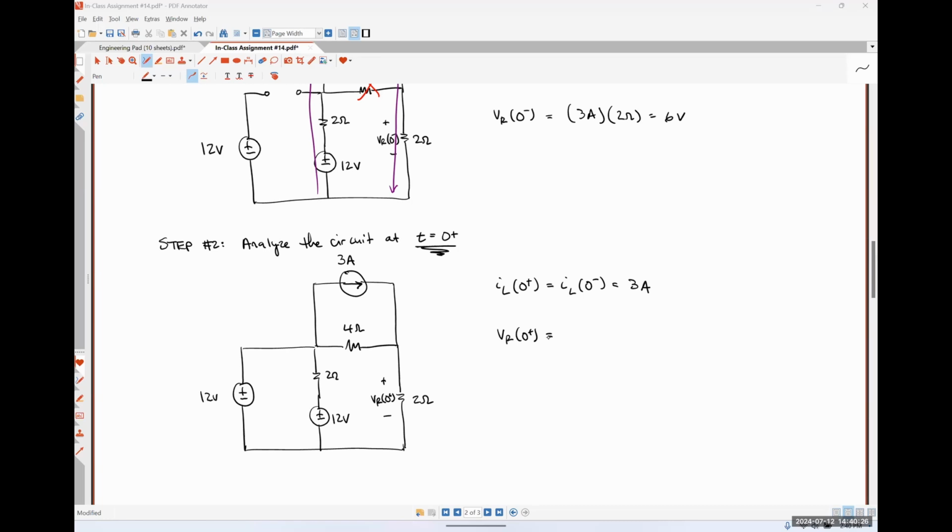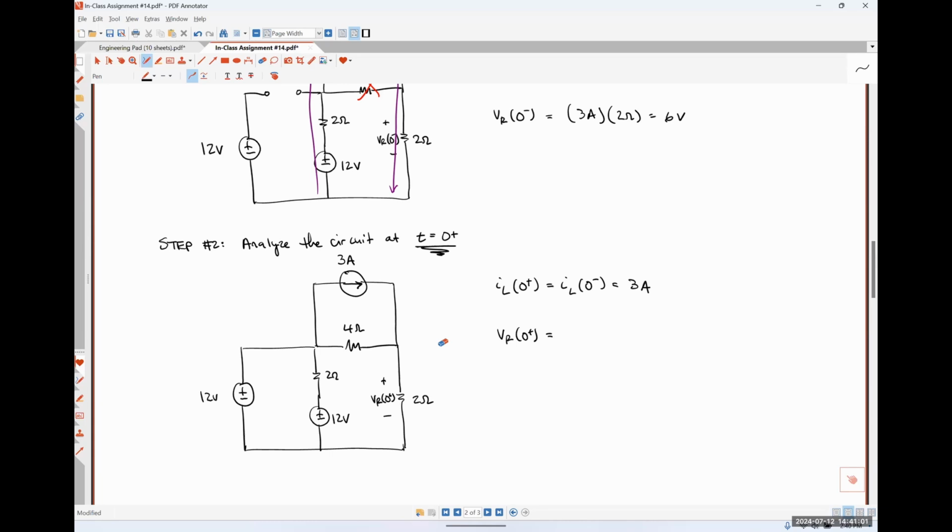It's going to be current division. No. So it isn't going to be 3 amps times 2 ohms, because this 3 amps that's flowing in right here now has an opportunity to split. Some of it might flow this way, some of it's going to flow down. So it's probably not going to be all 3 amps, because there's really no way for us to make that assumption with any valid reasoning. Back to that point of the current division, it'd be the 3 amps times the 1/2 over 1/2 plus 1/4.